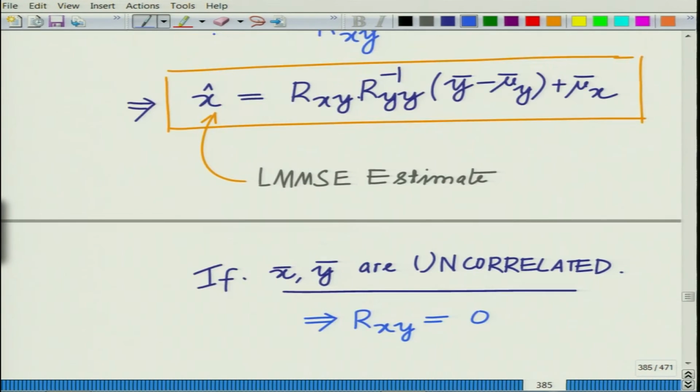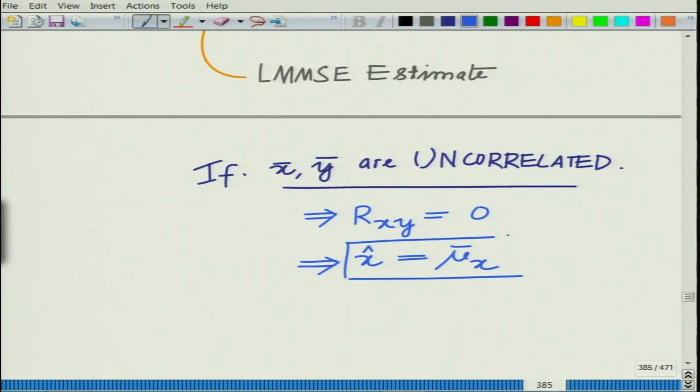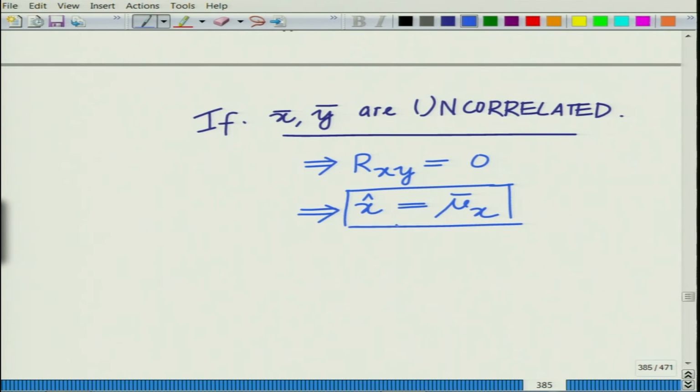If you look at this, if r x y equal to 0, x hat is simply equal to mu bar x. So, very interestingly, x hat reduces to mu bar x, that is, the best estimate of x is simply the mean.